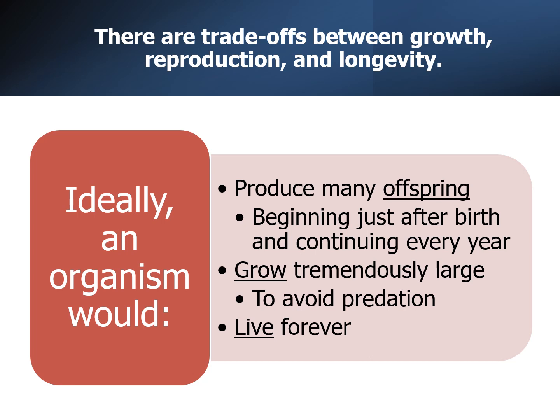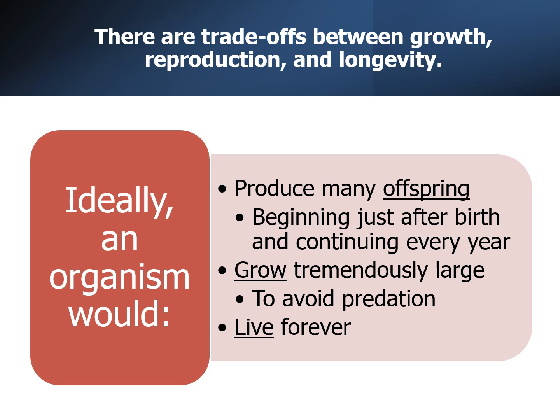So, in keeping that in mind, if we were to design, and this is kind of silly of your book, if we were to design a species and give it all of the best things of all the life histories, then ideally this organism would produce a ton of offspring all the time and be able to have offspring the second it gave birth, every year, always.